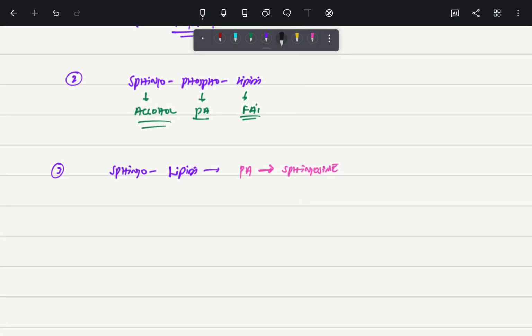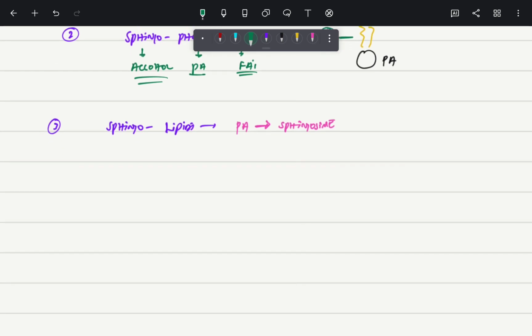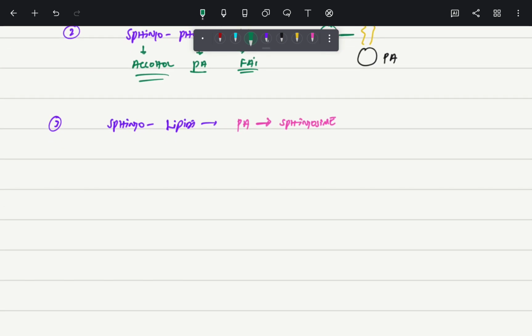I know you guys are a little bit confused between sphingophospholipid, so I'm going to draw the structure. So this is phosphoric acid, these were the lipids, and to this there was sphingosine alcohol. In sphingolipids there is no free phosphoric acid. As I already told you, here the phosphoric acid is esterified and there is formation of sphingosine, and there is only one chain of fatty acid.